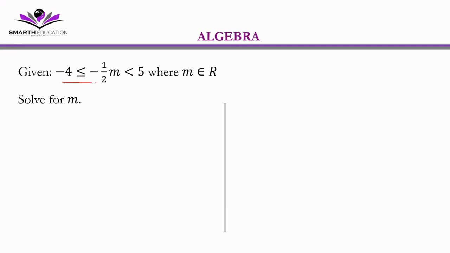Let's say this part. What is the meaning of this? When we have -4 less than or equal to -1/2m, this means that -4 is less than or equal to -1/2m, or you can say -1/2m is greater than or equal to -4.